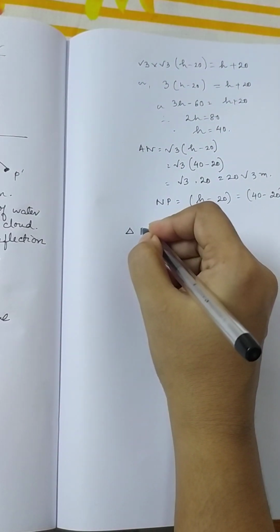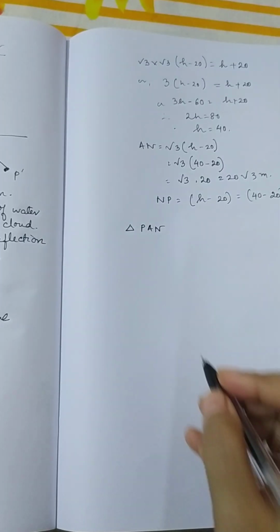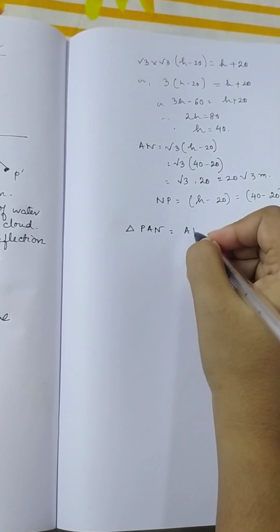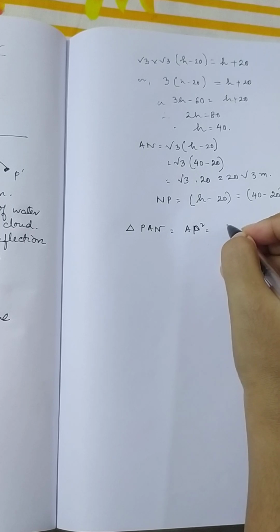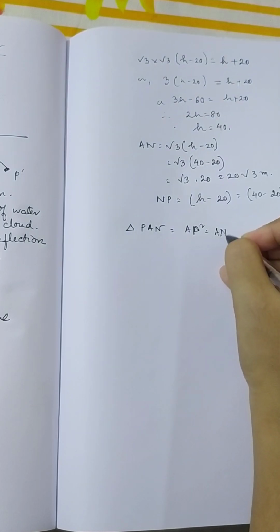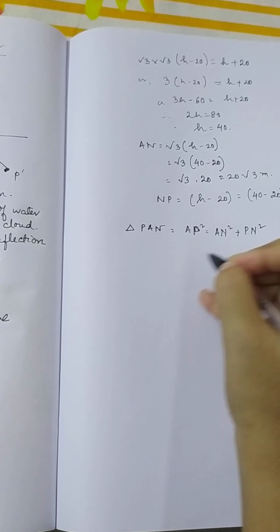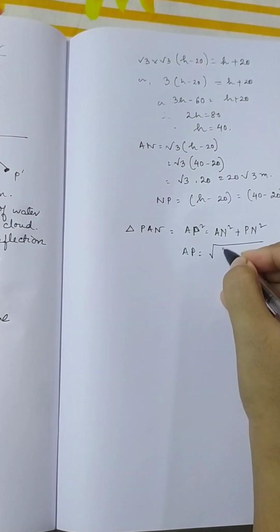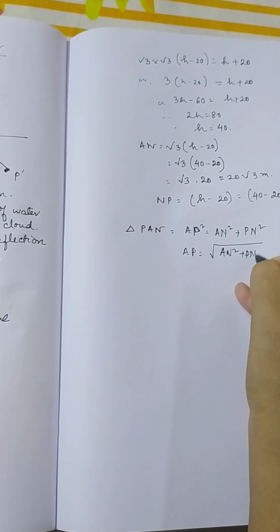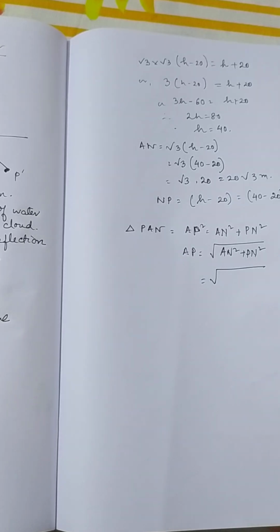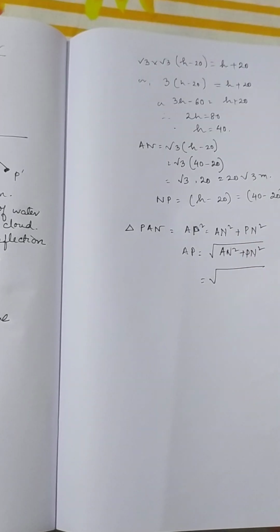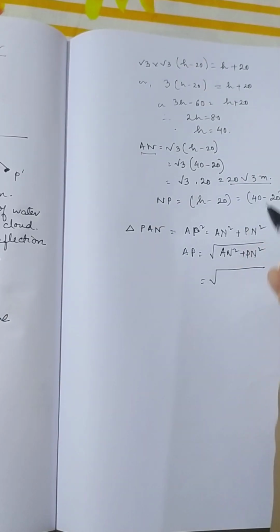So in triangle PAN, AP square is equal to AN square plus PN square. So AP is nothing but root over AN square plus PN square. Now AN is 20 root 3 which we have found, and PN is 20.